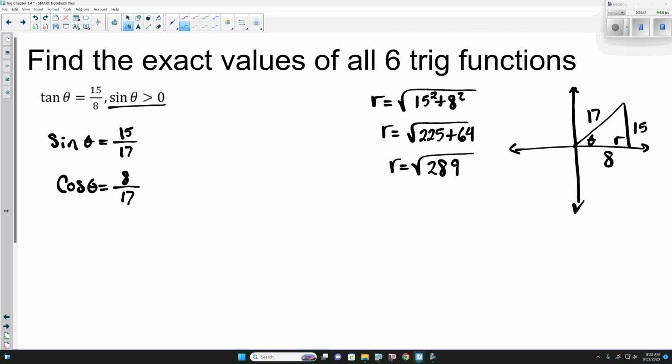We don't have to do tangent, but cosecant of theta, 17 over 15. Secant of theta is 17 over 8. And lastly, cotangent of theta is 8 over 15.